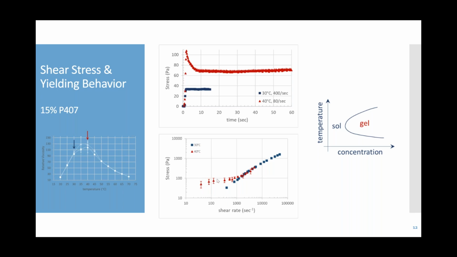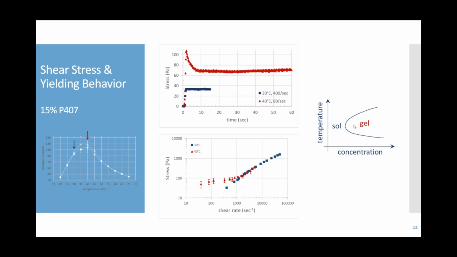I've included the error bars at 3 times the standard deviation. We see this plateauing of the stress before the stress starts to increase with shear rate. That supports that we're in some sort of state where we're yielding, and this is the rheological response that tends to be the signature of that process.